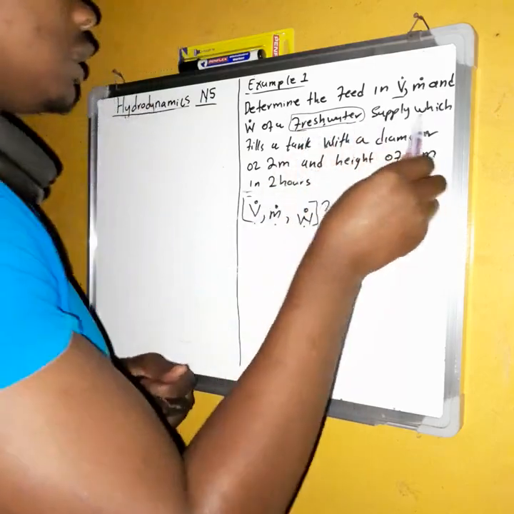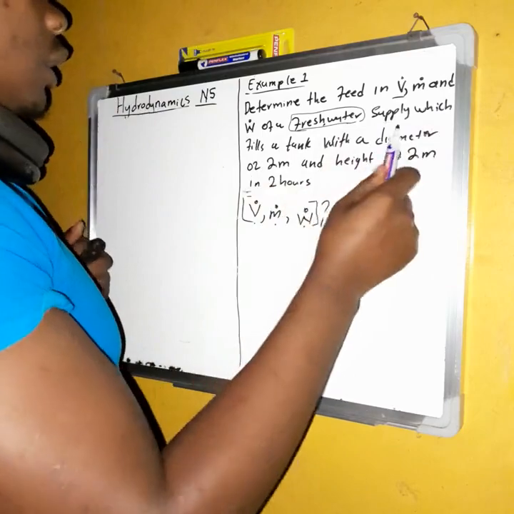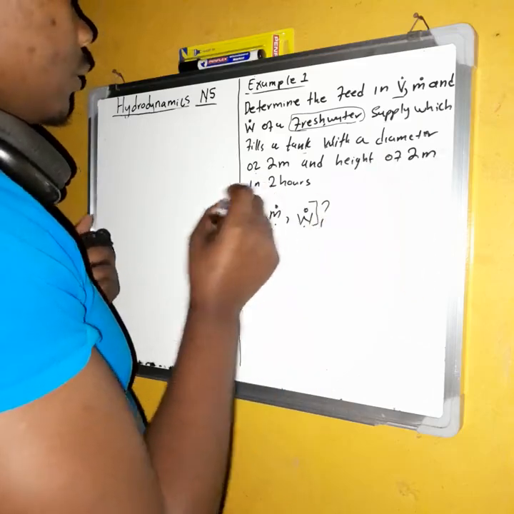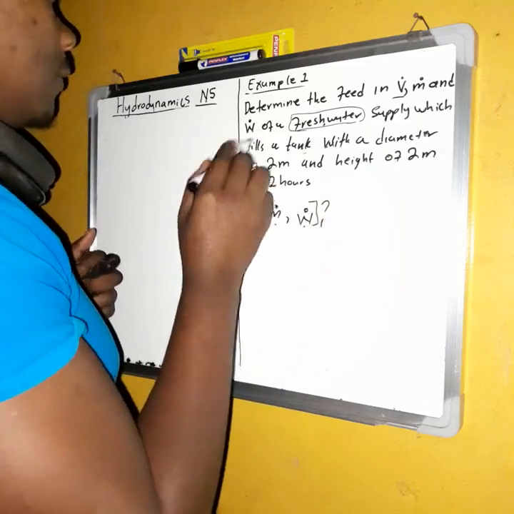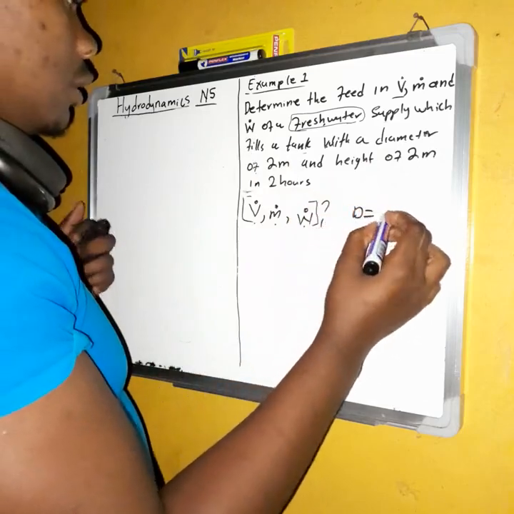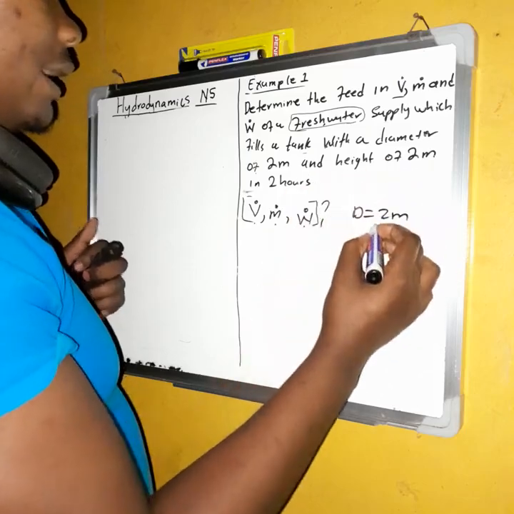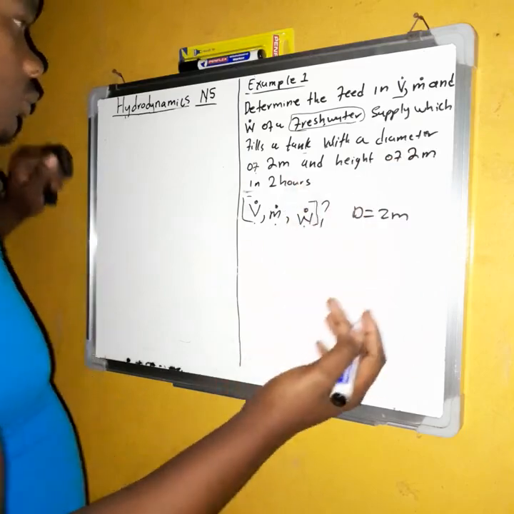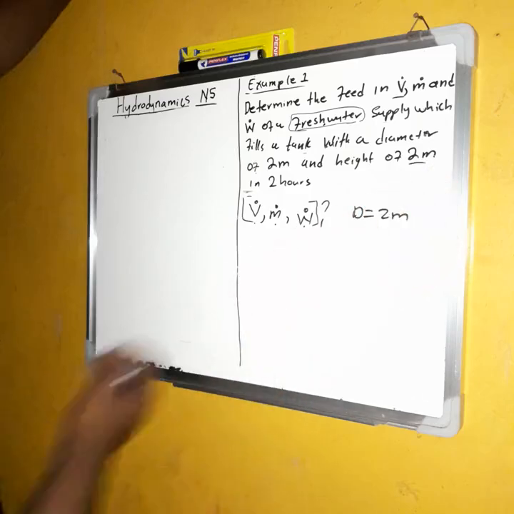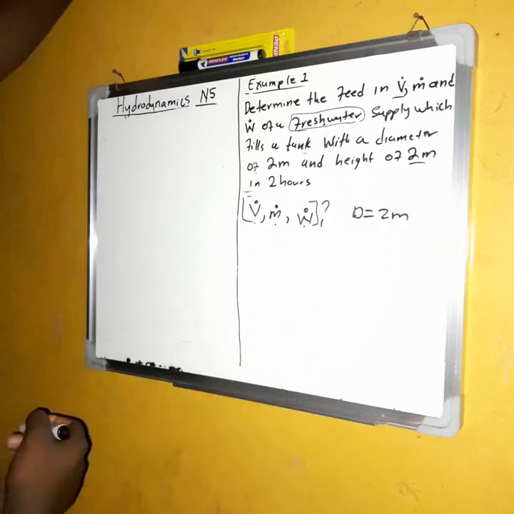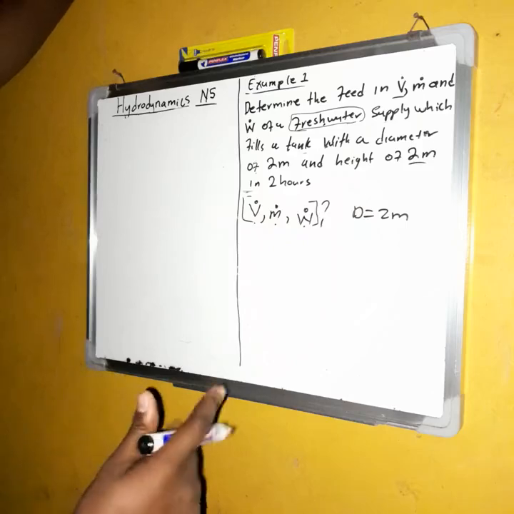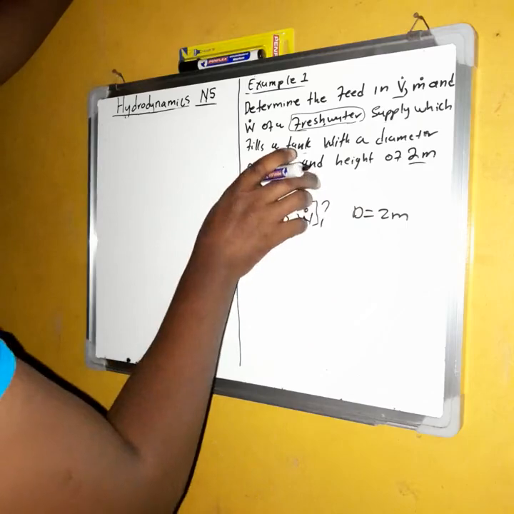We know this is a water supply which fills a tank with a diameter of 2 meters and a height of 2 meters. Is the time in 2 seconds or in 2 hours?